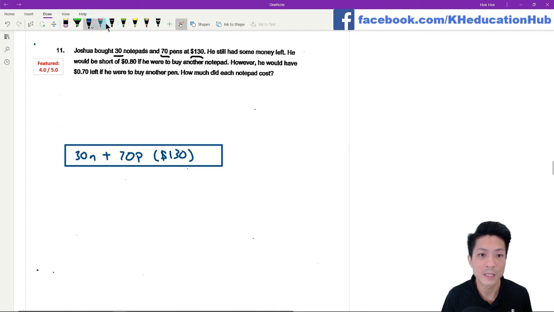Remember he had some money left. So I'm gonna draw another shape over here that represents the amount of money that he's left with.